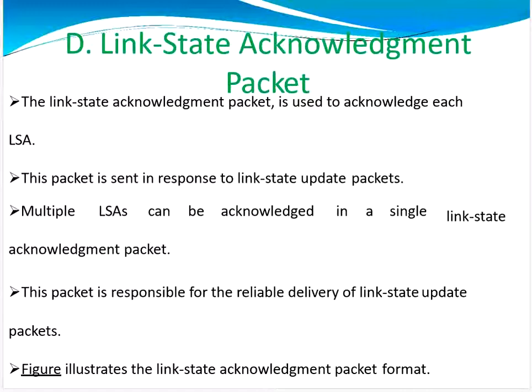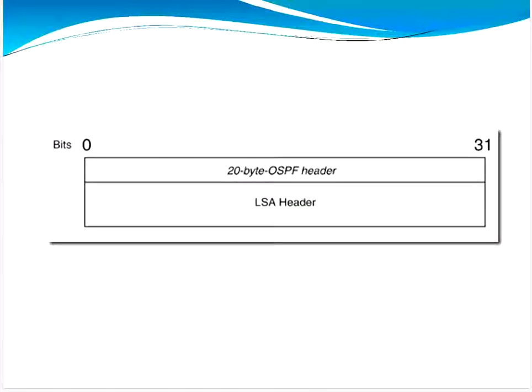Again, this packet is responsible for the reliable delivery of the link state update packet. In this figure you can see the packet format used for the link state acknowledgement packet. The main functionality of the link state acknowledgement packet is to acknowledge each LSA which is sent in response to the link state update packet.